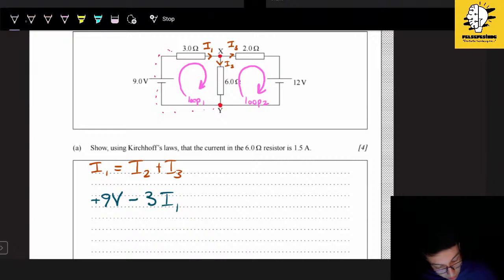So now I'm at point X. Now I will go back to my point Y. I am following the direction of loop 1, and I realize that loop 1 has the same direction as this I2 over here, meaning minus once again. So minus 6I2.